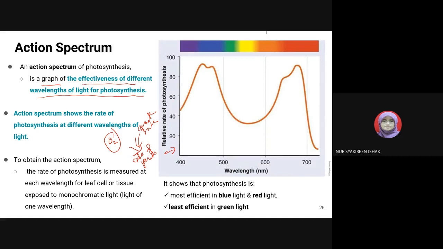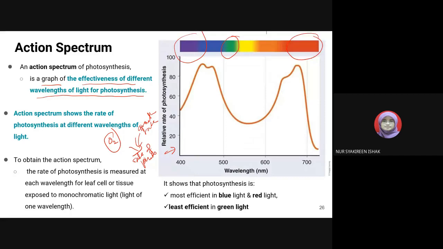Is it the plant that is exposed to green light, or blue light, or red light, which shows the most growth? So you do that experiment to see the growth of plants when exposed to different colors of light.